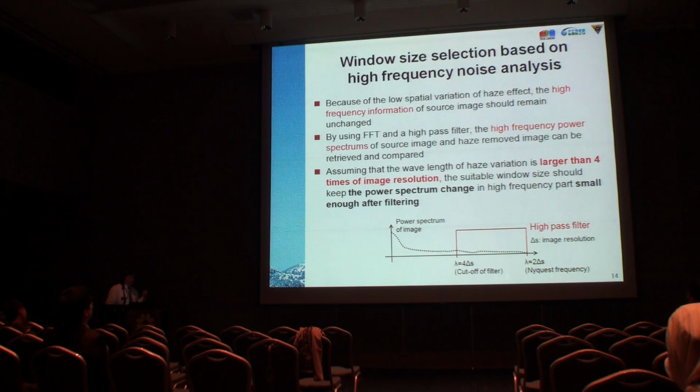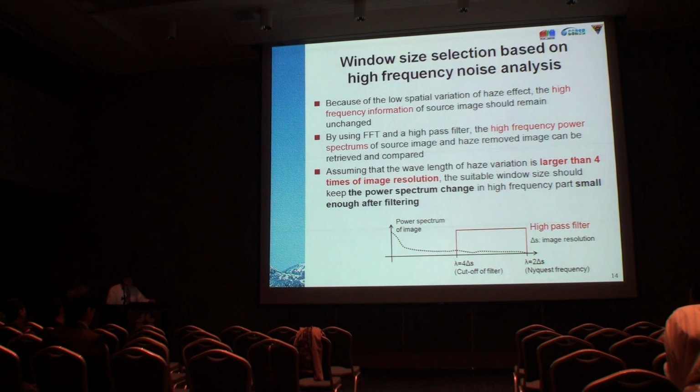So here we use a method where we measure the high frequency variation, because usually haze is a low frequency variation in your images. Supposedly your method cannot change the high frequency response of your image, because your haze is in low frequency variation.